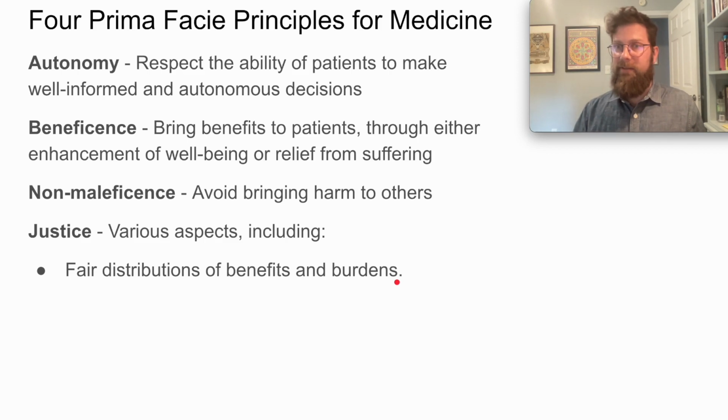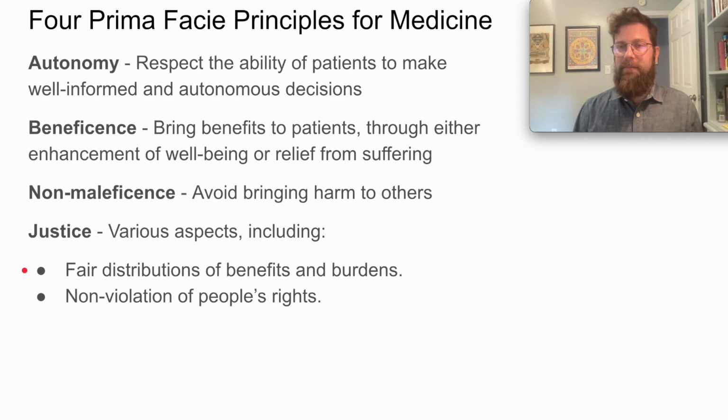So every child in America, if America were perfectly just, would receive a certain high quality level of education. So that's one way of thinking about justice. This form of justice, about fairly distributing benefits and burdens, is sometimes called distributive justice.